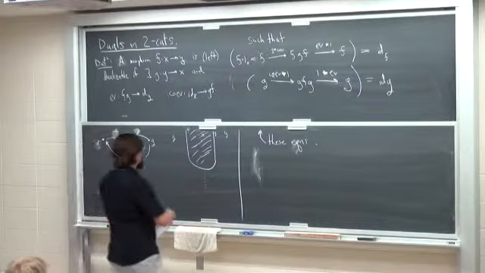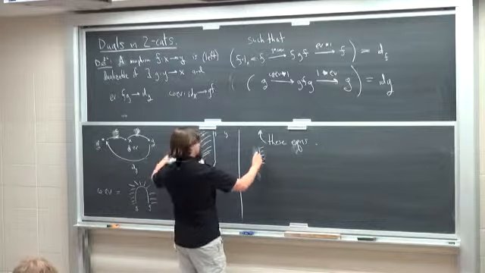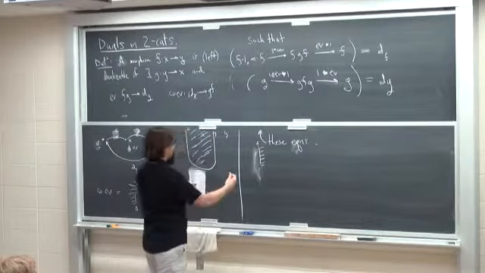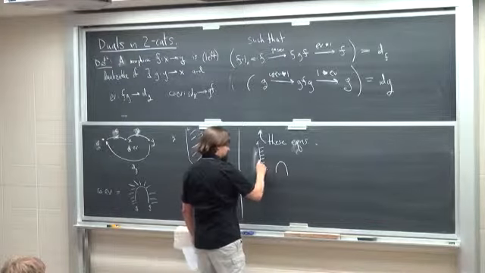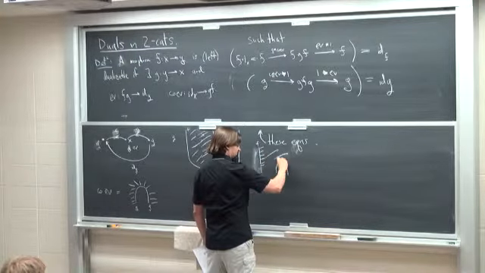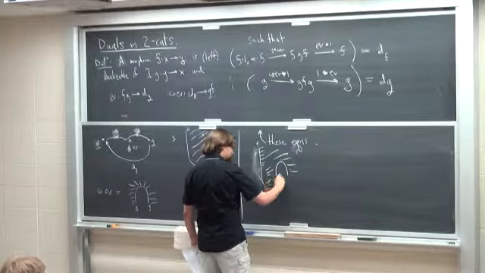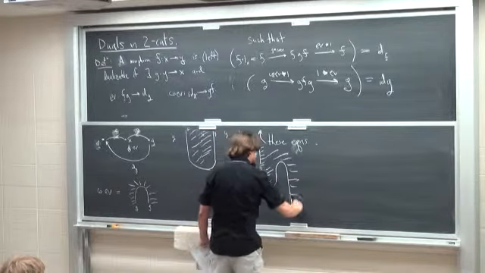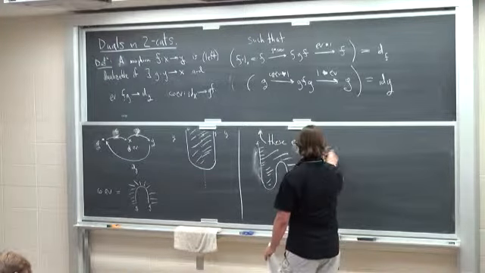So if I start with F, so this is my F, and then I apply the co-evaluation, and then I apply the evaluation, this is the same thing as just having the identity on F.